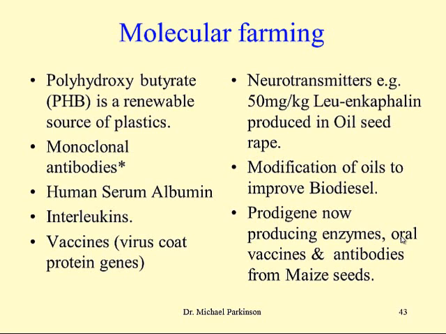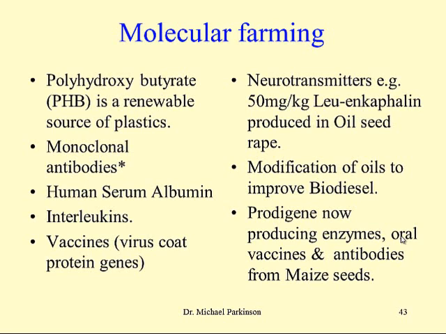Oils have been modified to improve biodiesel. One of the problems with biodiesel, so biodiesel is basically diesel which is produced from biological sources, principally rapeseed oil, but you can improve the quality of that. Rapeseed oil has a relatively high gelling temperature, so you go out to your car on a winter's day and you find that your car won't start because the biodiesel in the tank has actually gelled.